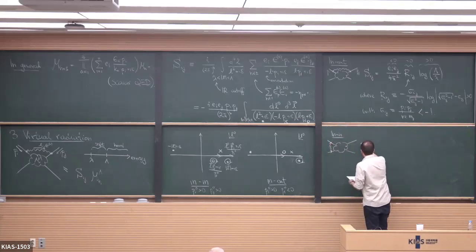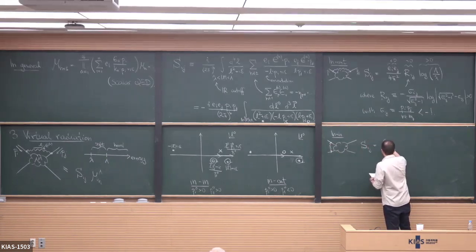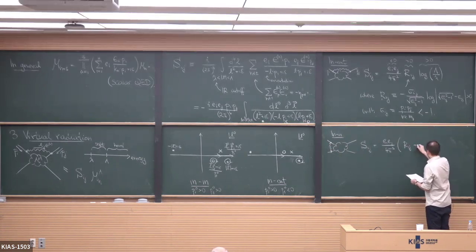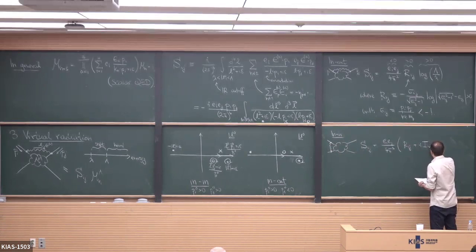So in this case, Sij is going to be equal to Ei Ej, just the same contribution, plus something extra times the log.